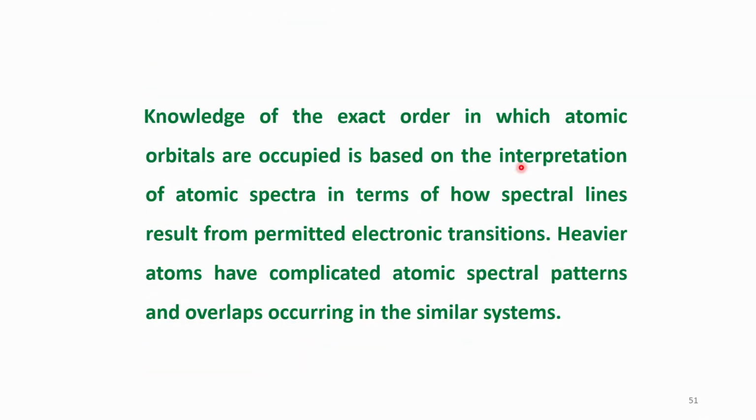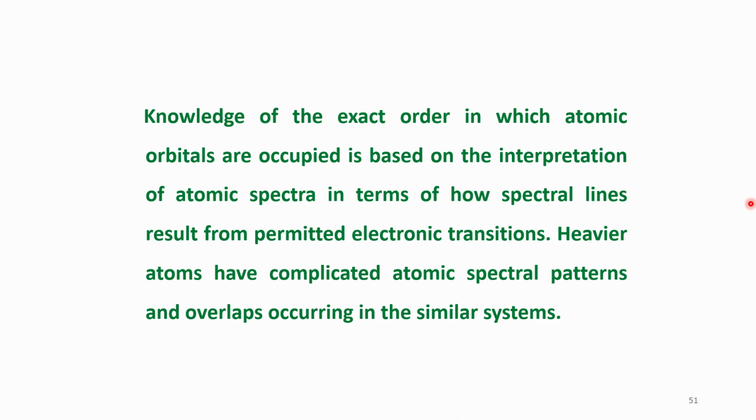Knowledge of the exact order in which atomic orbitals are occupied is based on the interpretation of atomic spectra in terms of how the spectral lines result from the permitted electronic transitions. So, what we are essentially saying is that how the electrons are occupied will reflect on the spectral lines.